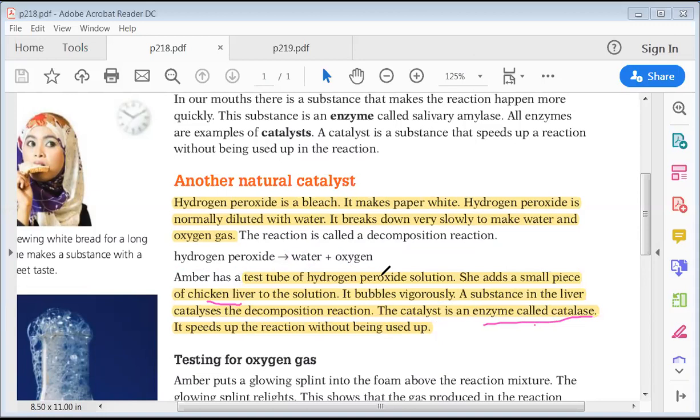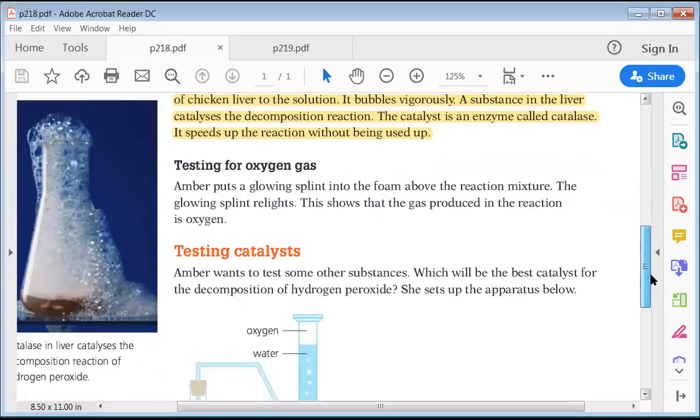Okay, what about the chemical ones that we are using in the lab? We have here a test made by a student. She wanted to test oxygen gas.